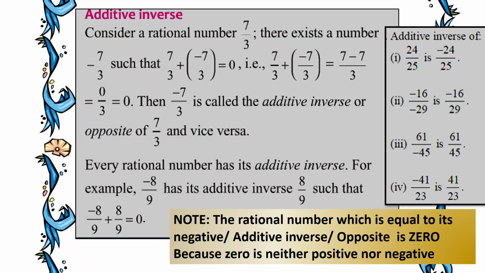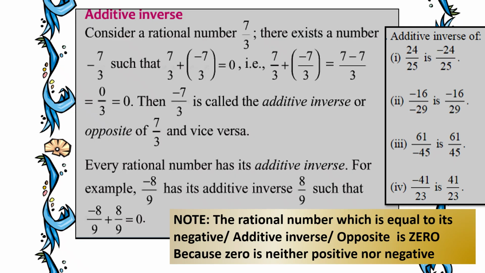Now, coming to additive inverse. What is the common word which is used for additive inverse? That is opposite. The opposite of a number or the negative of a number is nothing but the additive inverse. So consider a rational number 7 by 3.